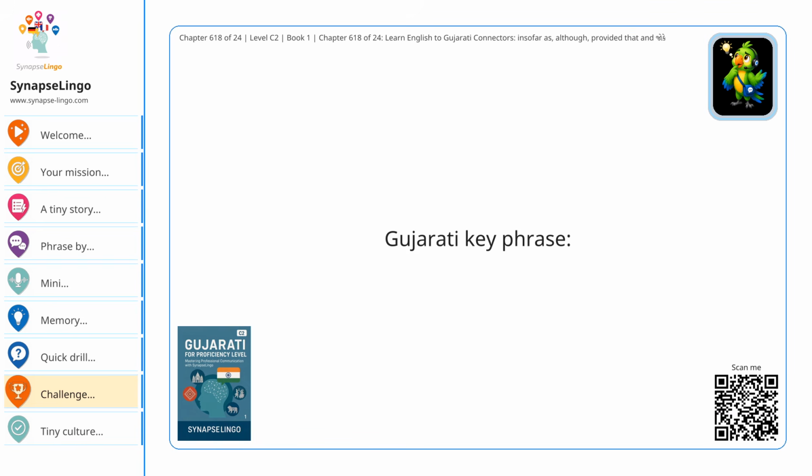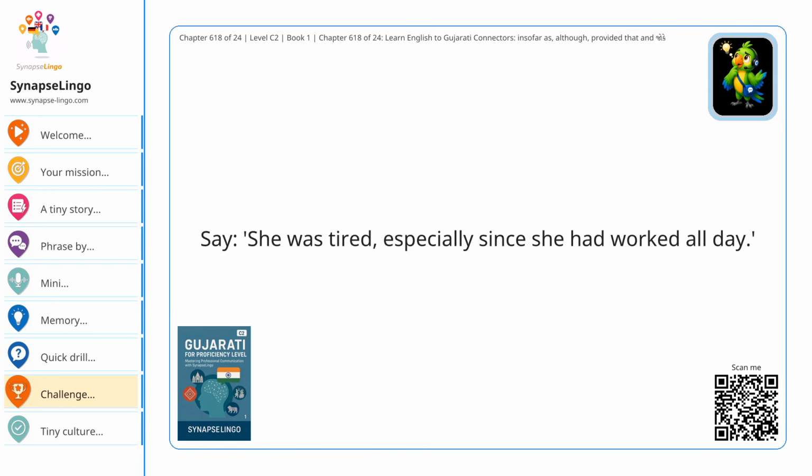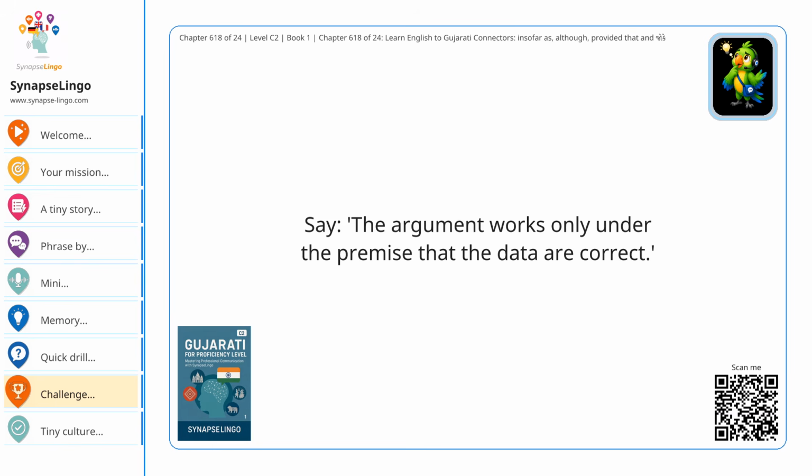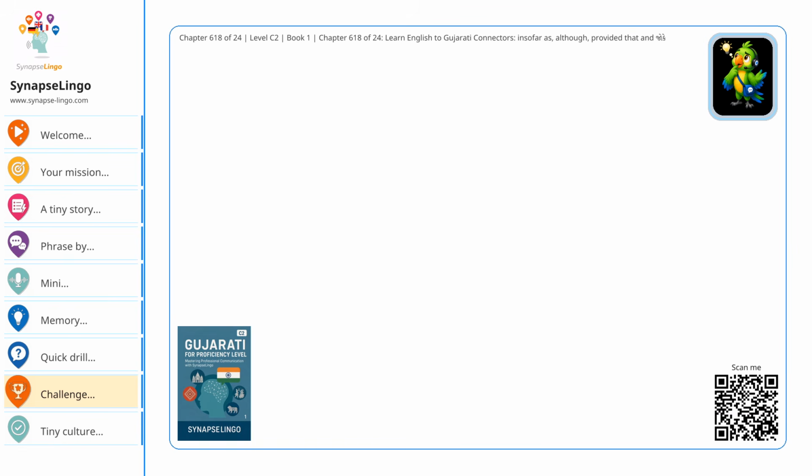Gujarati key phrase: જો કે. Say, she was tired, especially since she had worked all day. Gujarati key phrase: ખાસ કરીને કારણ કે. Say, the argument works only under the premise that the data are correct. Gujarati key phrase: આ પૂર્વધારણા હેઠળ કે.